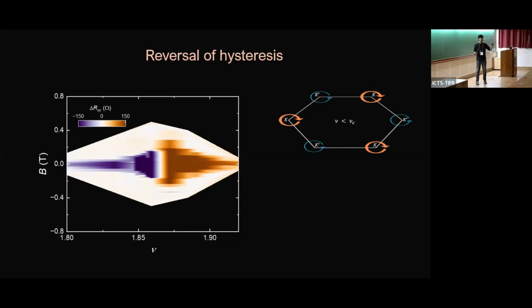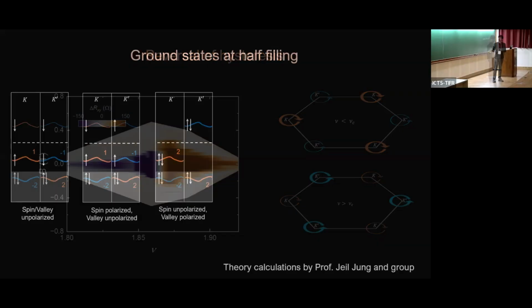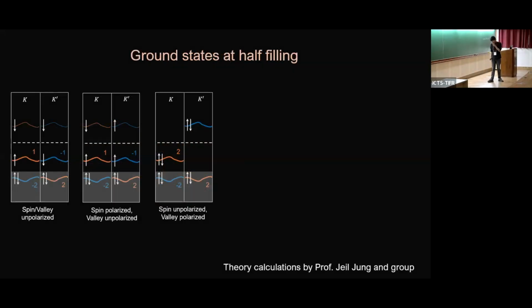By increasing the density further, you switch to the K prime valley. This leads to a change in valley polarization. So valley polarization reverses, and you see a reversal in hysteresis. Now I'm talking about the ferromagnetism at half filling of the band.